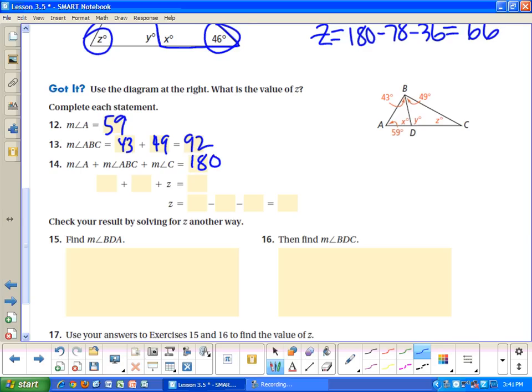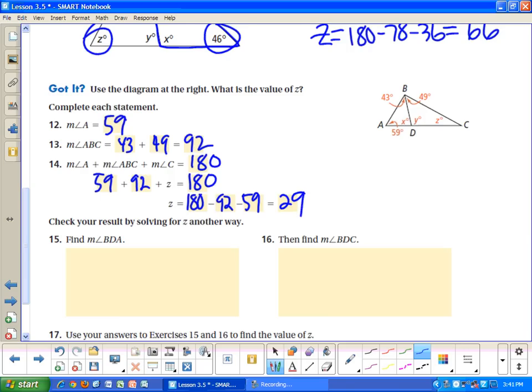And now substituting, we can put 59 for measure of angle A, and we can put 92 for the measure of angle C. And then subtracting all those from 180, we get 29.